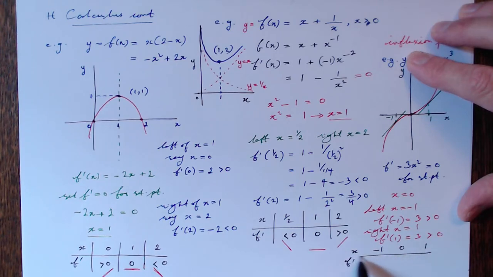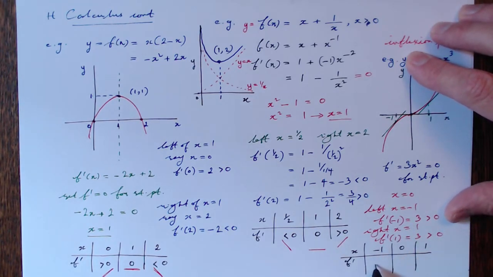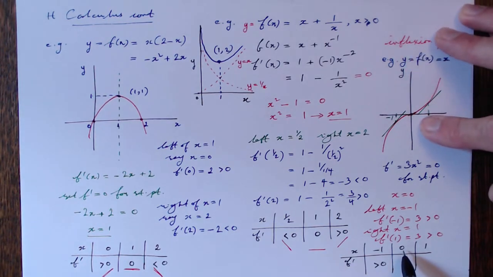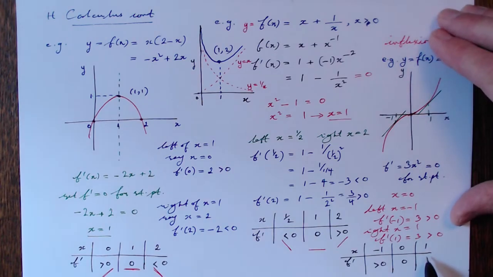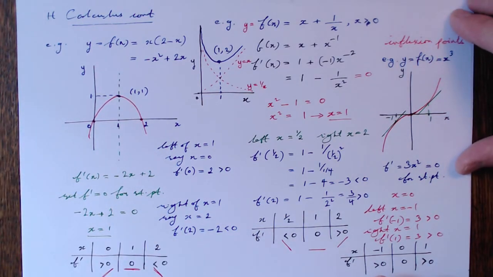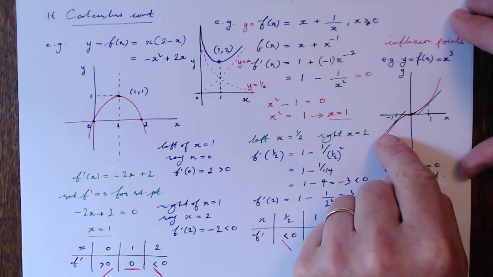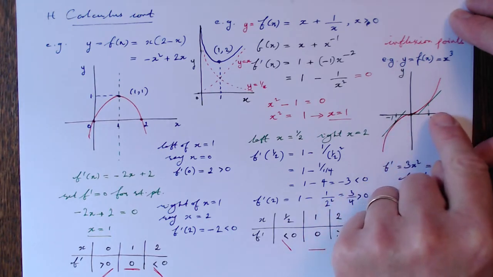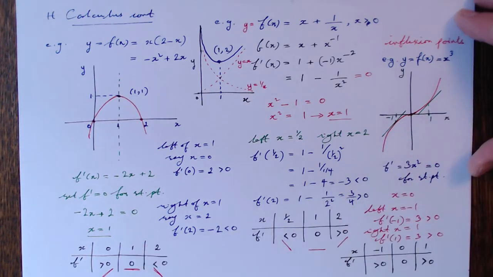In this case, going from a positive value at negative 1 through 0 at the location of the stationary point, and then positive again. Okay, so that's a signature of what you might call a positive inflection point, one where the derivative goes from positive before the stationary point to positive afterwards.